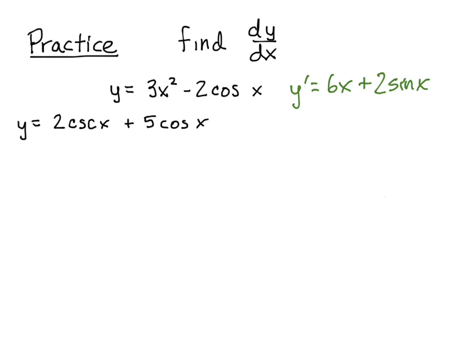Okay, so let's look at this. We have y prime equals, so the derivative of the cosecant, remember, is negative. We'll keep the coefficient, so that's negative 2 cosecant x cotangent x, and then the derivative of 5 cosine is going to be negative 5 sine of x.